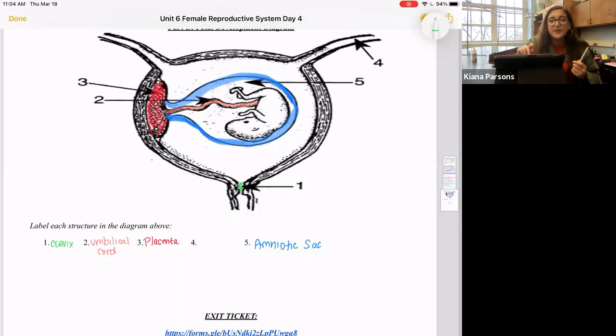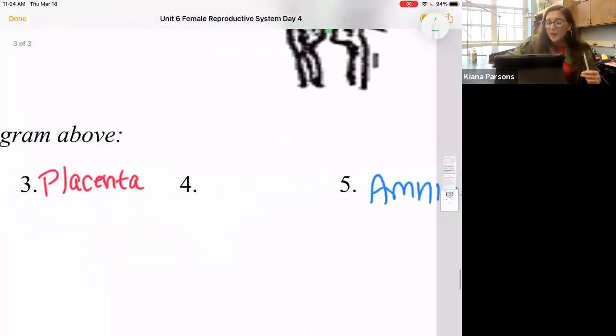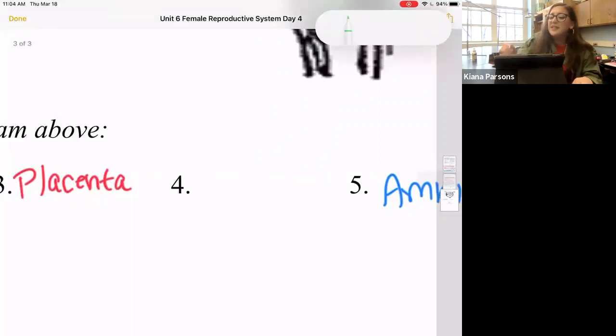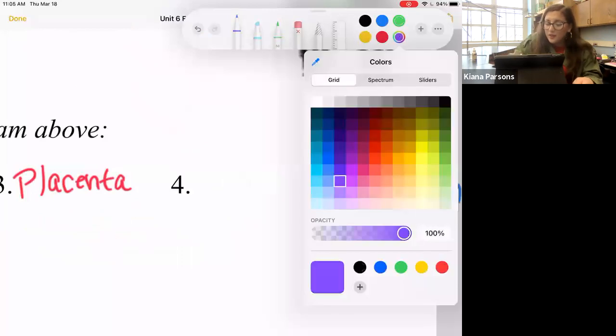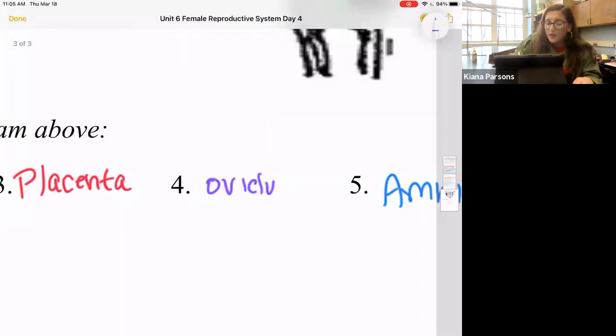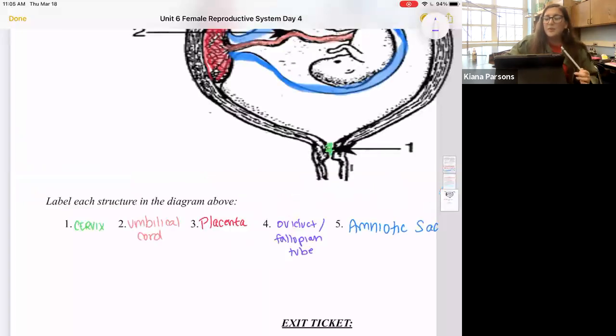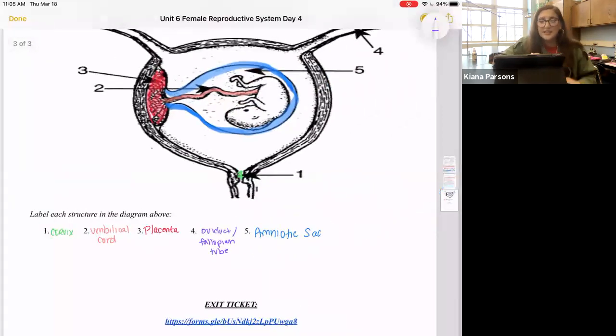And you can see here 4, that is the site of fertilization, of course. That is the oviduct or fallopian tube. Different word, mean the same thing. And then, like we discussed in today's lesson, we have also the umbilical cord shaded there in peach.